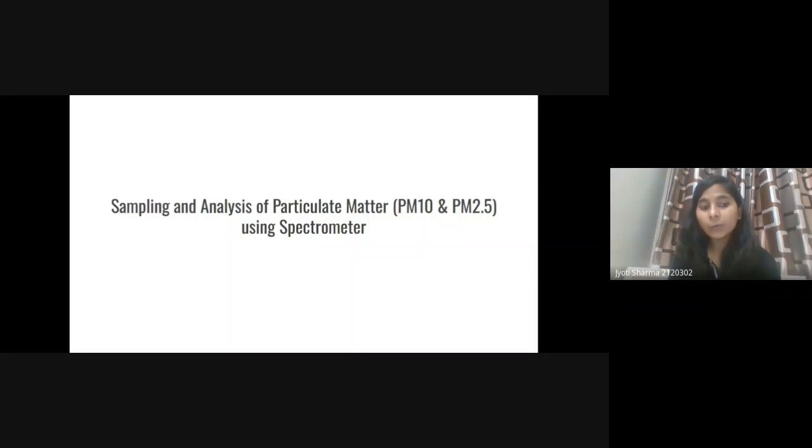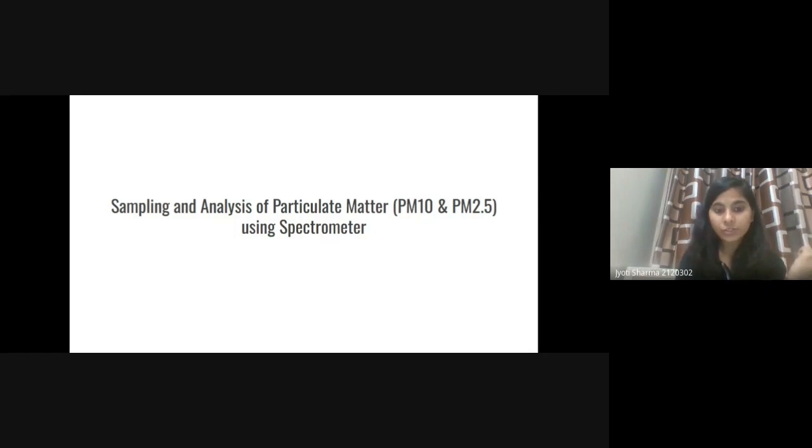But right now, we can also do the sampling and the analysis of particulate matter using the spectrometer. I think one or two questions are left only. These questions are based on how we can measure the particulate matter using different instruments other than the volume sampler that we already talked about initially and in the last live session.